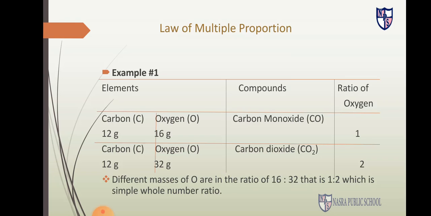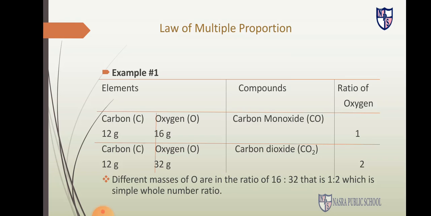Now try to understand the law of multiple proportion with the help of an example. Here you can see two different elements, carbon having a chemical symbol C and oxygen having a symbol O. These two elements are combined together to form two compounds. Firstly, they form carbon monoxide, CO, and then carbon dioxide, CO2.